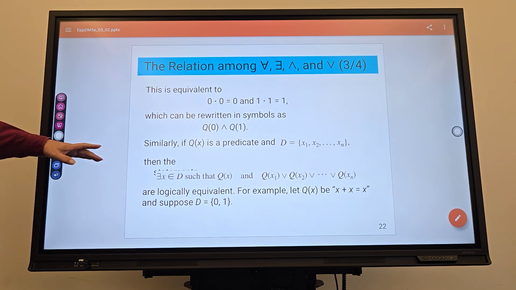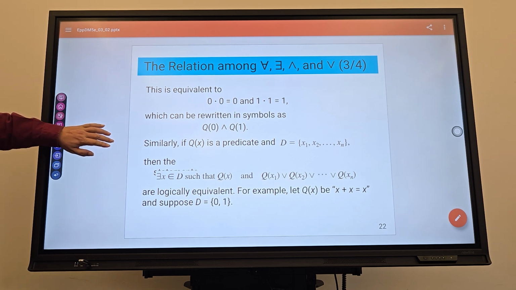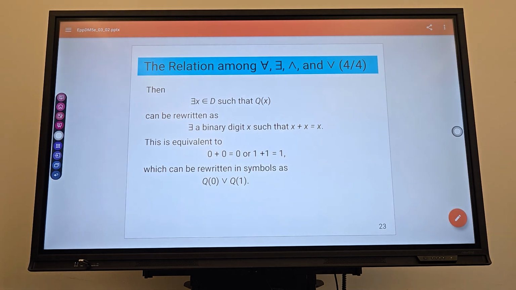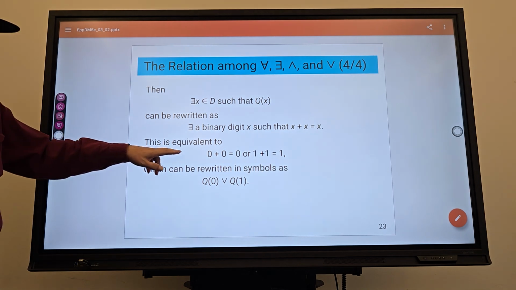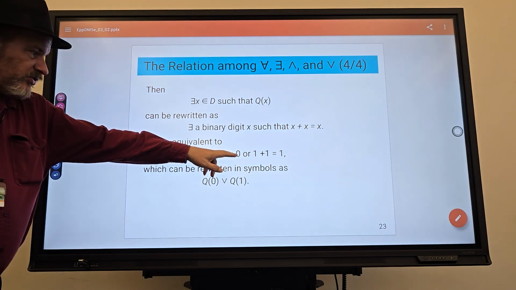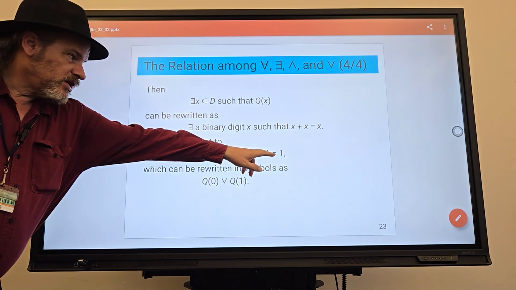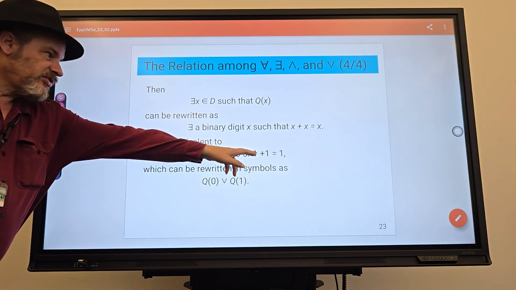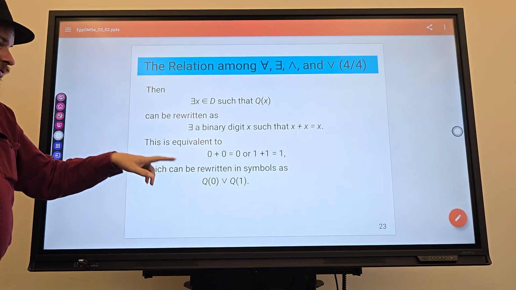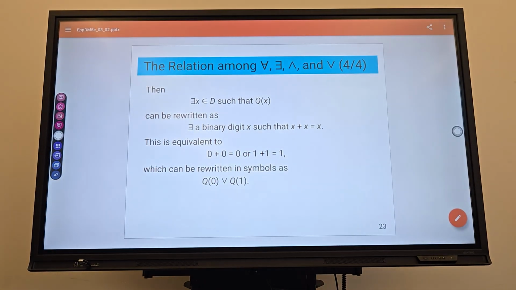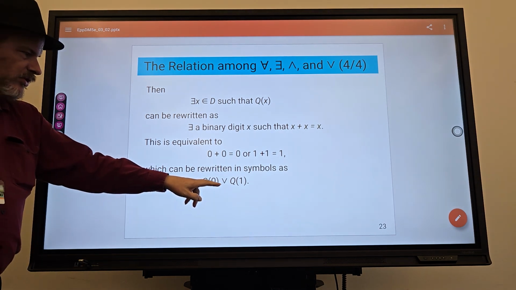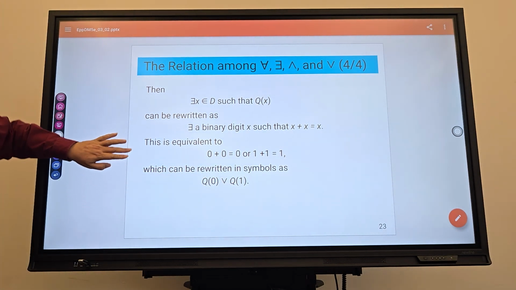So for binary digits, let Q of x be x plus x equals x. It is true because 0 plus 0 equals 0, or 1 plus 1 equals 1. This is false, but this is true, making the whole statement true. And it can be written as Q of 0 or Q of 1.